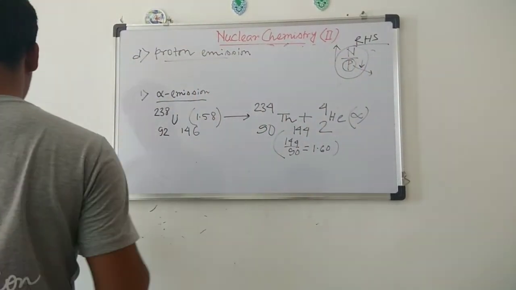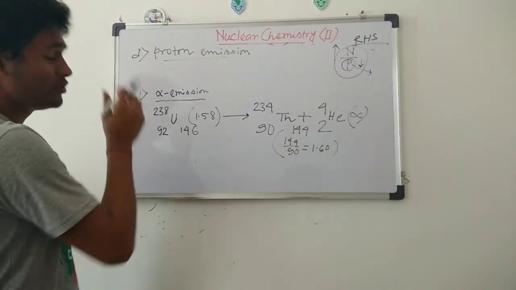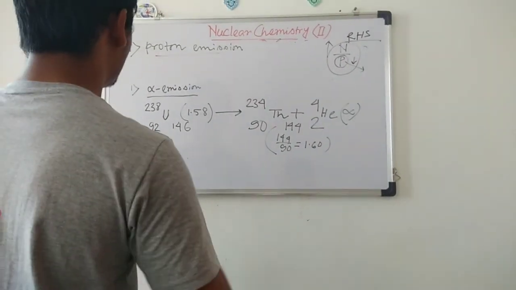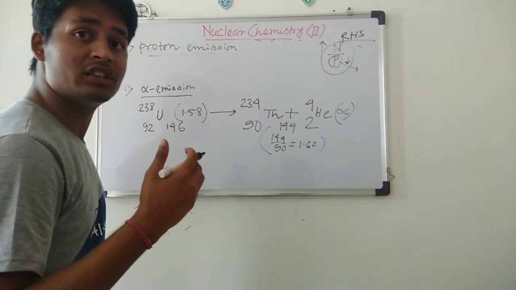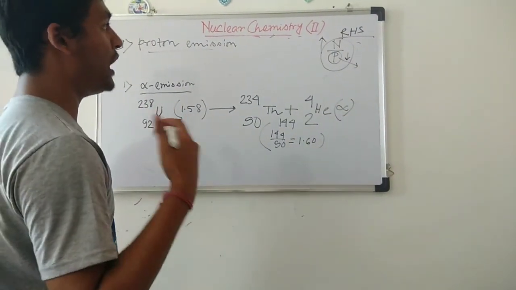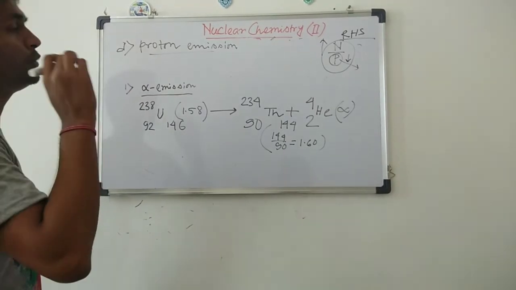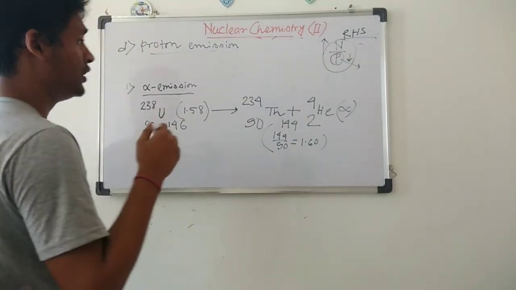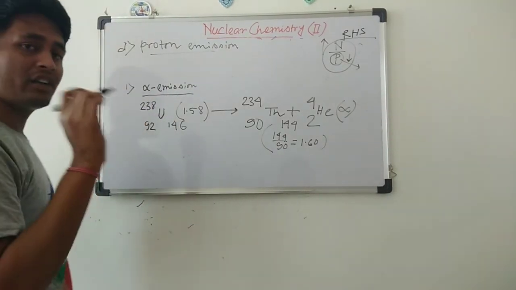That is the reason. But proton emission is not that favorable because of the higher energy requirement, since the proton has a charge. Whenever a charge is there, a Coulombic barrier will be there. So proton emission is a possibility, but it is not that likely because of the higher energy requirement.